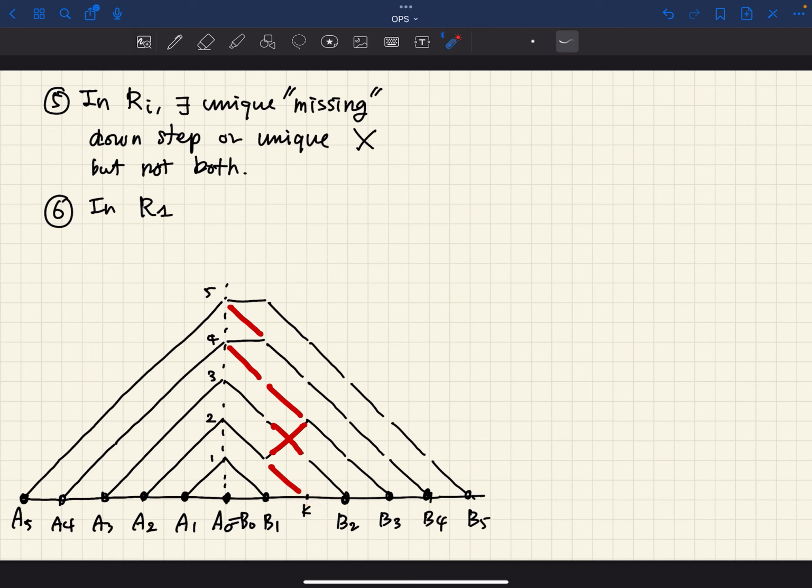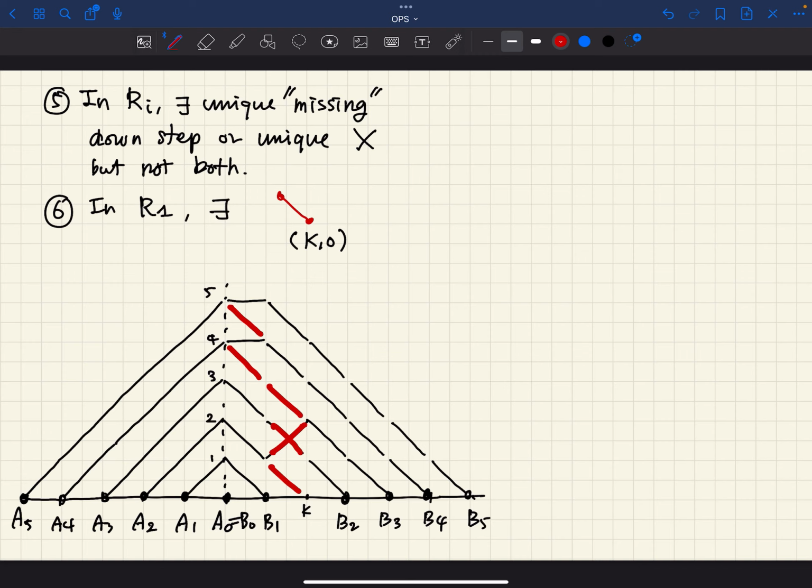So either we don't have any down step here, so there exists a down step like this with ending point k comma 0, right? Like this. Missing. Let's write missing down step, just a red down step like this.